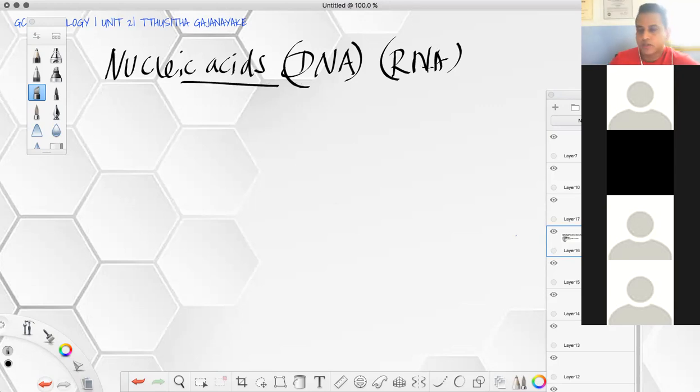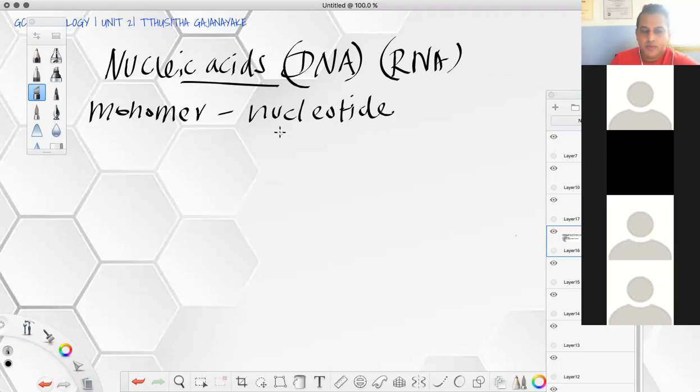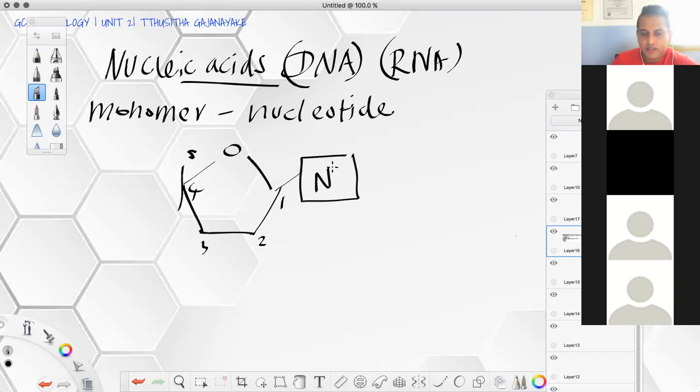So for both these molecules, DNA and RNA, the monomer is the nucleotide. Let's first look at the monomer of DNA. This is the ribose sugar, and ribose sugar has 5 carbons: 1, 2, 3, 4 and 5. One carbon is joined with a nitrogenous base and another is joined with a phosphate group.